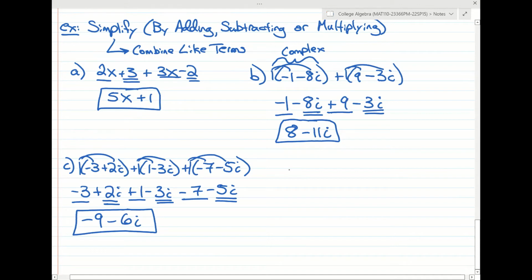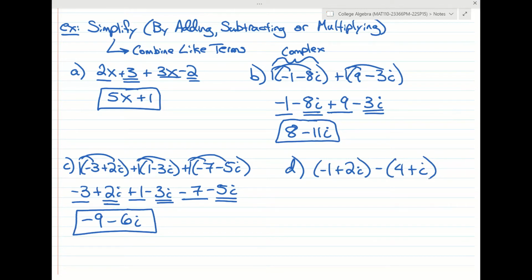We could also subtract complex numbers. So say if we had negative 1 plus 2i minus 4 plus i. That would be an example of subtracting. So just like before, there's parentheses, so we distribute the number in front.